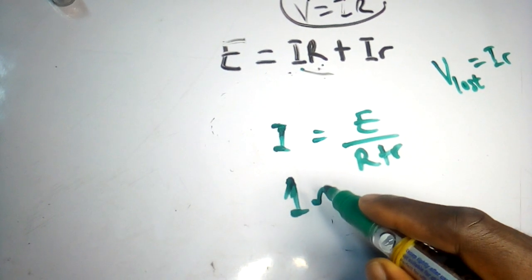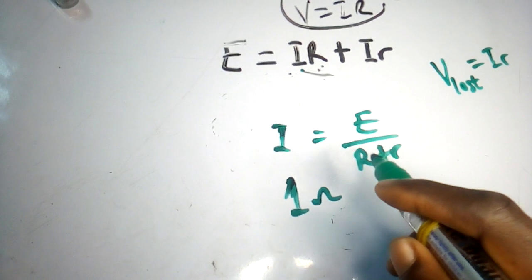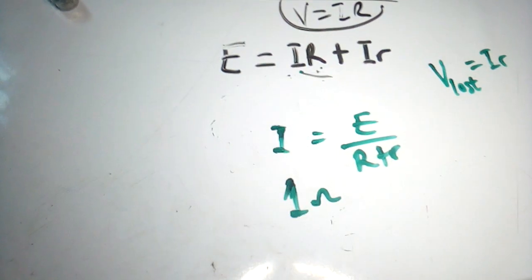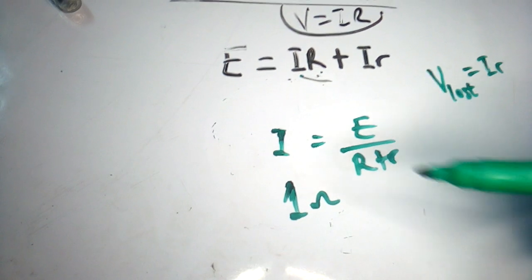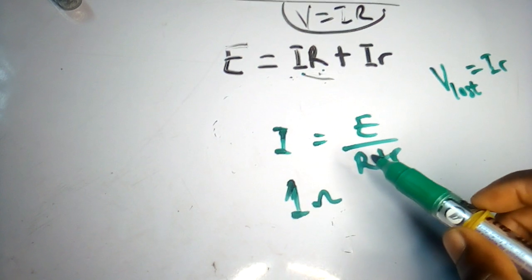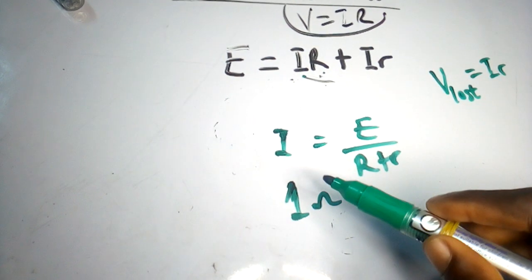Probably if I need a 2 ohm resistor and I have 1 ohm resistors in the lab, all I need to do is arrange the 1 ohm resistors in a certain arrangement to give me 2 ohms.